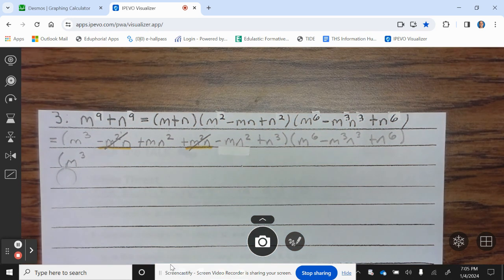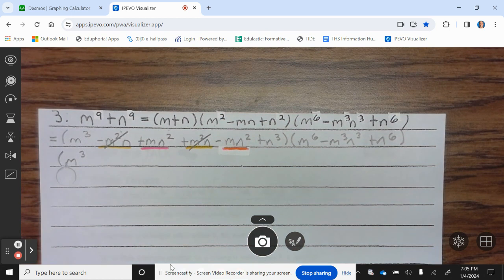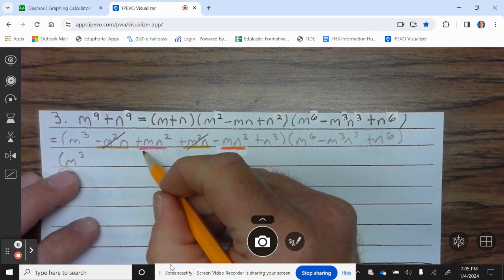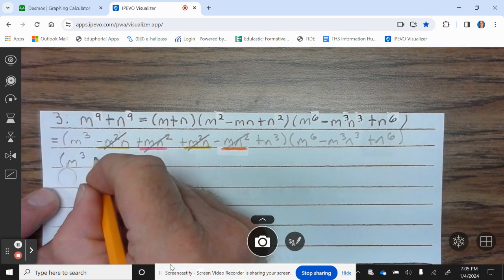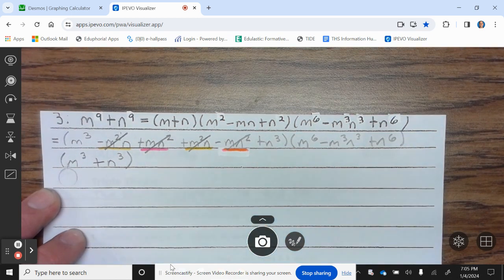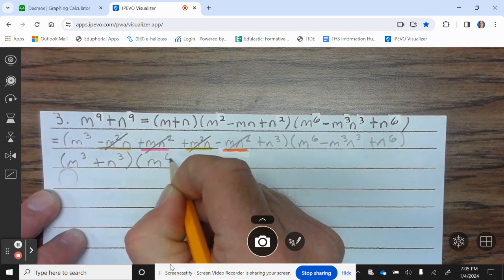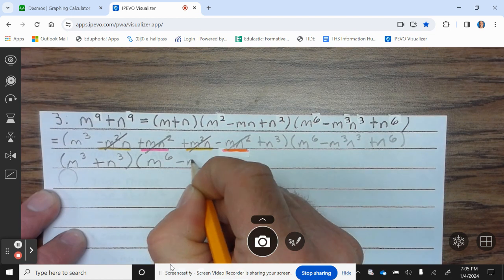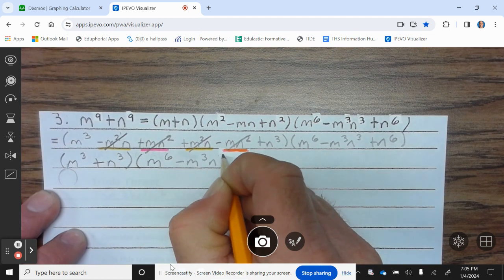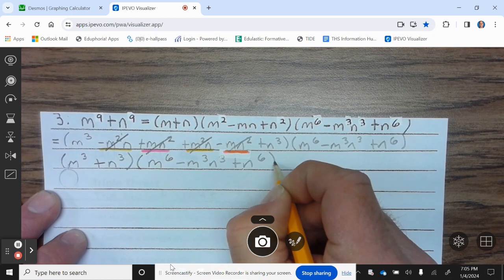And this and this combine. So these cancel. So plus n cubed times m to the 6th minus m cubed n cubed plus n to the 6th.